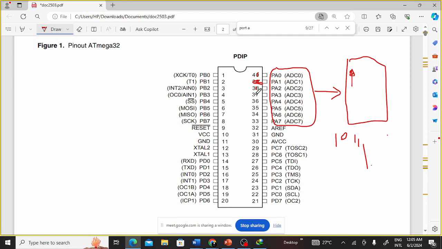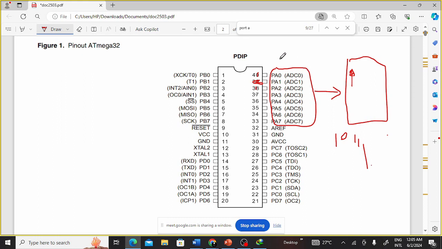Now, I need to make one explanation. When I say the pins of Port A are connected to the Port A register, it doesn't mean that at certain times these pins are not multiplexed.